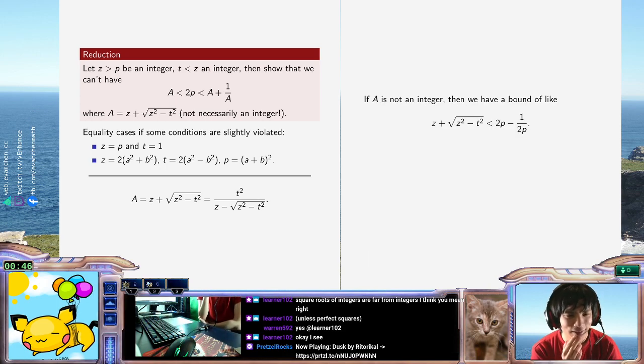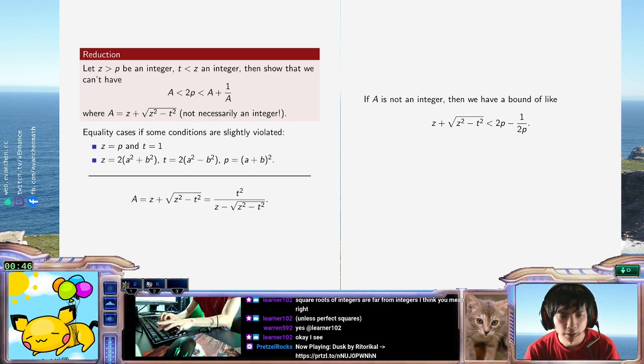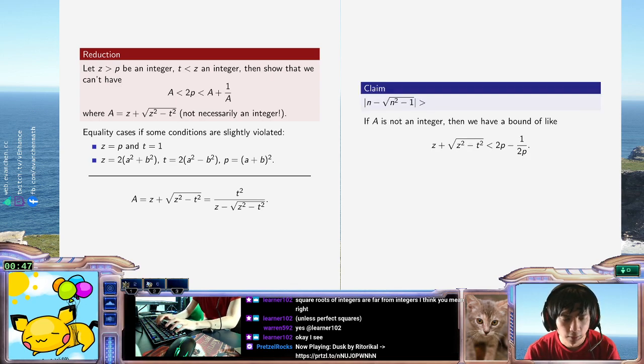Something like that? Claim: the distance from n minus root n squared minus 1, the distance from a number to an integer... Okay, so this is like 1 over n plus root n squared minus 1.